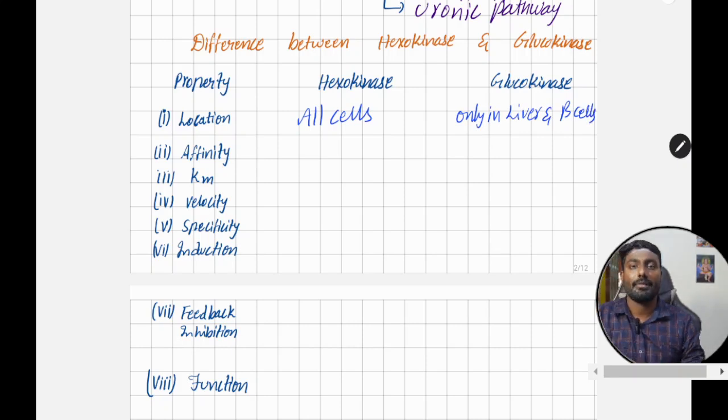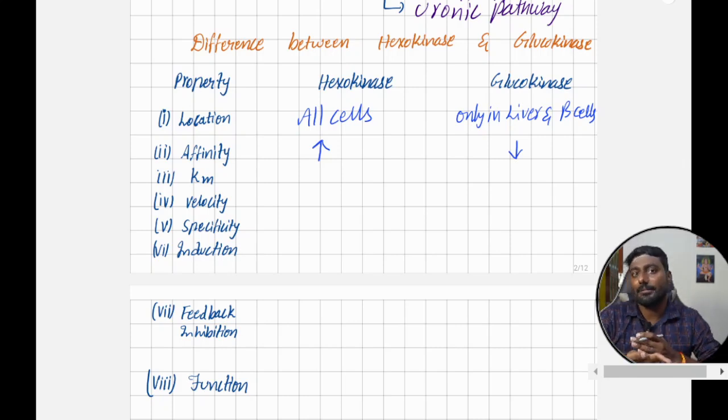Okay, now the affinity of hexokinase is high, the affinity of glucokinase is low. Okay, what do you mean by affinity? If some enzyme has high affinity, it means even at a low concentration of the substrate, these enzymes are going to act.